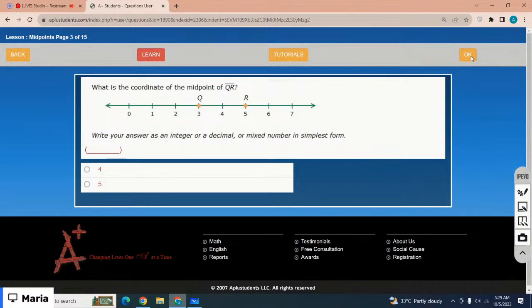Okay, the next one is what is the coordinate of the midpoint of QR? The correct option is 4. Very good.